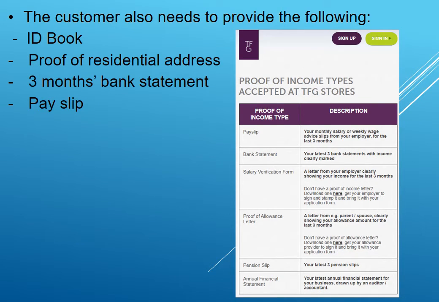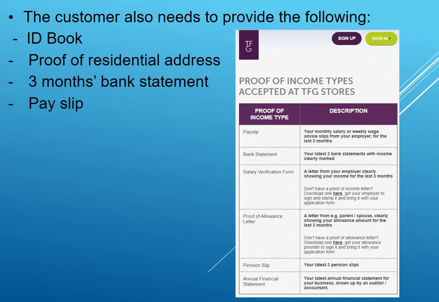Right. So the customer will also be required to provide the following when applying to open an account with a store. The customer's ID book: the business should ask for the original, not just a copy. They must bring the ID book or ID card, and then a copy can be made in store. This is obviously to make sure that you are talking to the person he or she is claiming to be, and to make sure that there's no fraud going on.